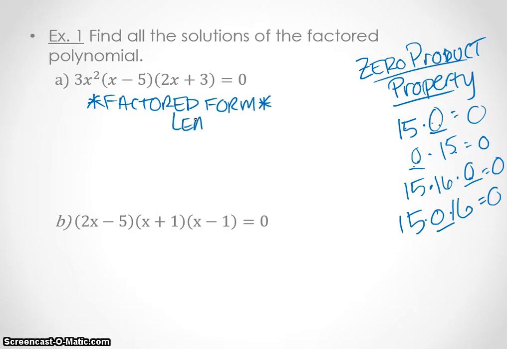A lot of people are very tempted to multiply all this out, but that would make your life harder, because by leaving it as the factored form, you're already set up to set each thing equal to 0. Here's our first thing, here's our second thing, and here's our third thing. Each thing is set equal to 0 itself, because one of them's got to be 0, as shown over here. I have to have 0 to get me to 0. Since this all equals 0, one of these things has got to be 0. And we don't know which, so we have to do them all.